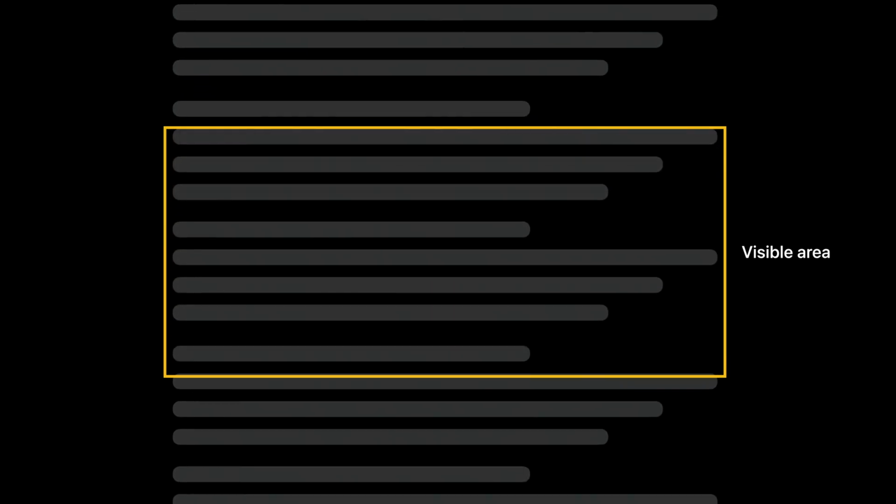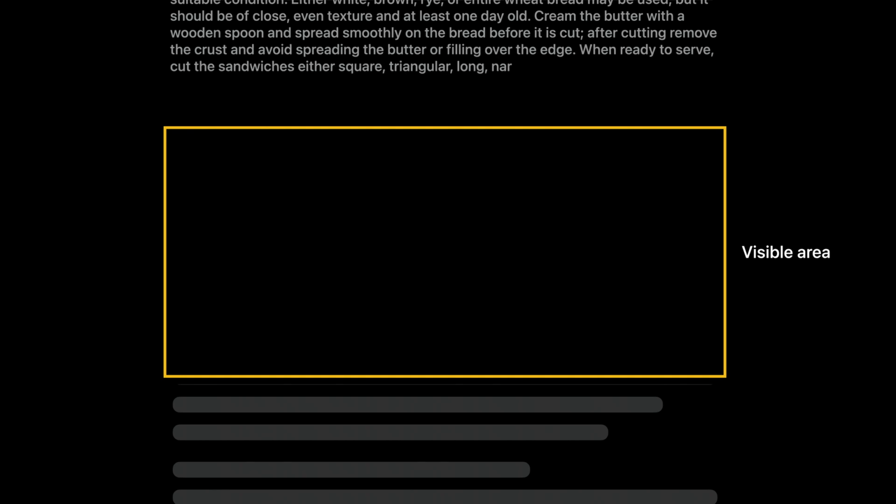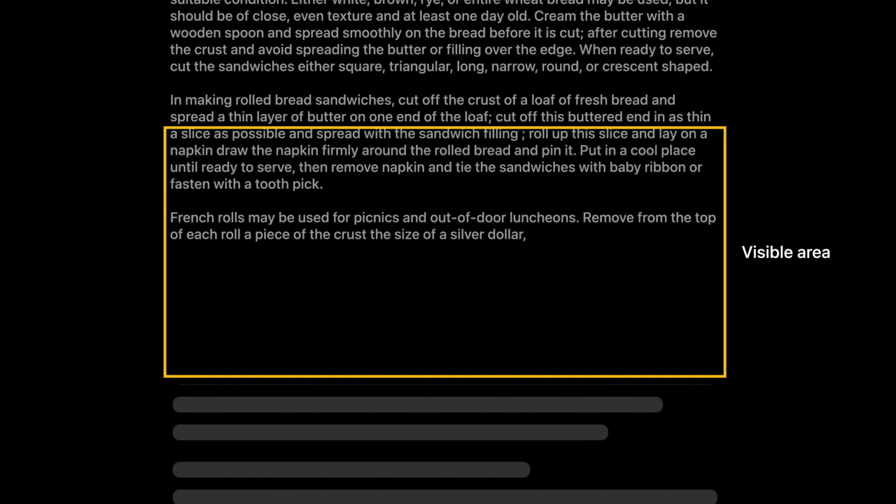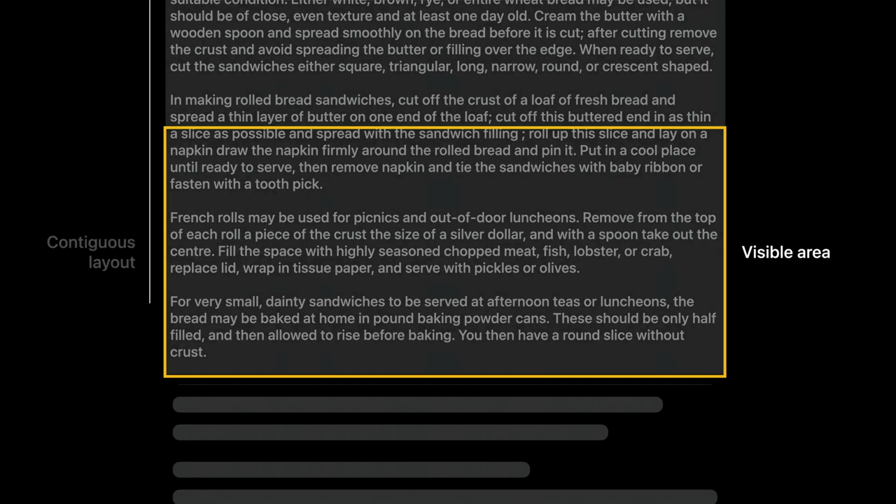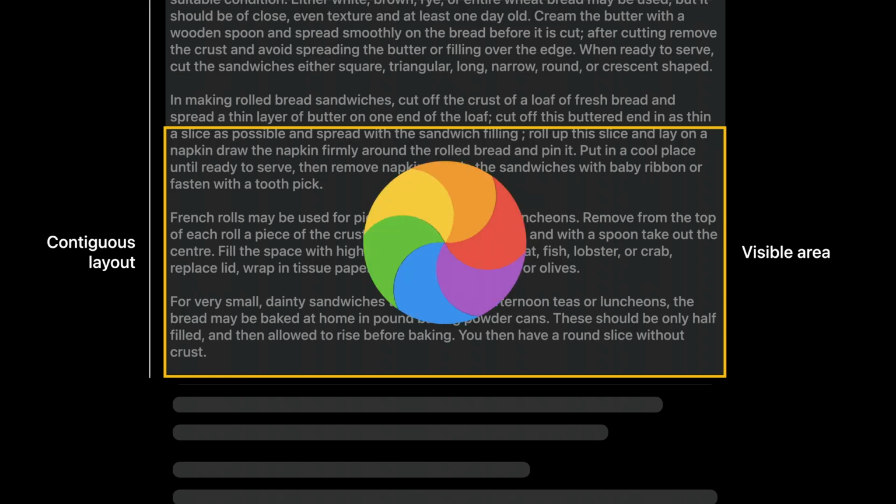So if you scroll to some point in the middle of the document, contiguous layout performs layout for all of the text that came before that point. This includes all the text that's been scrolled off the screen all the way back to the beginning. And if there's a lot of text, you can get animation hiccups when scrolling. In the worst case, it can hang.